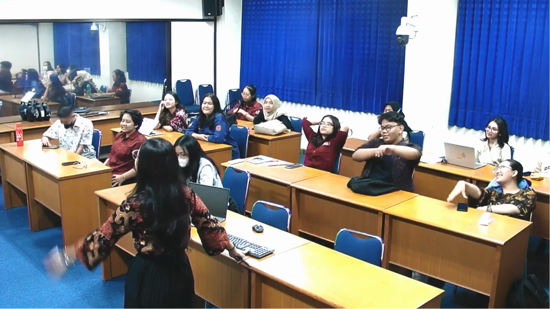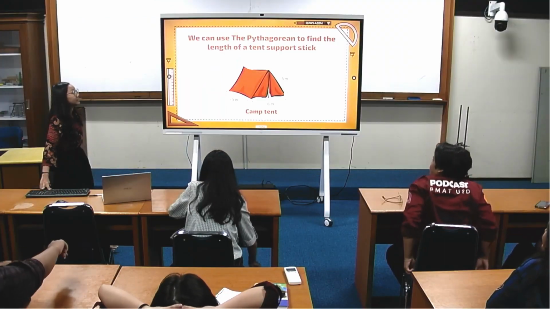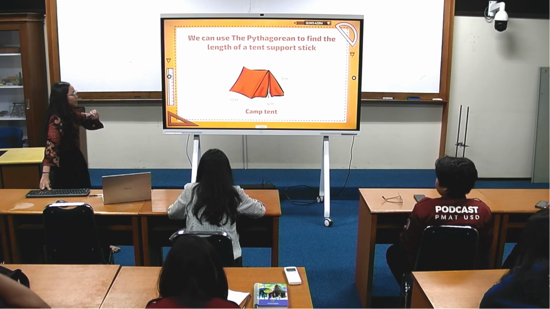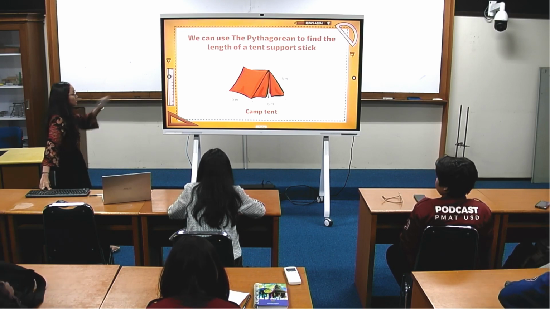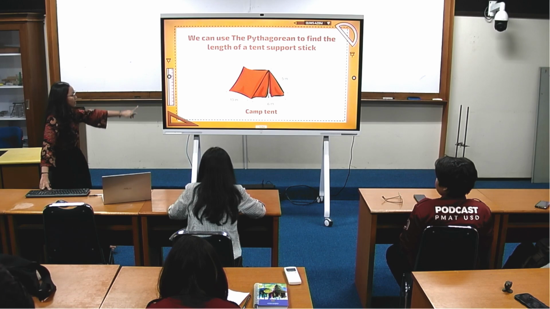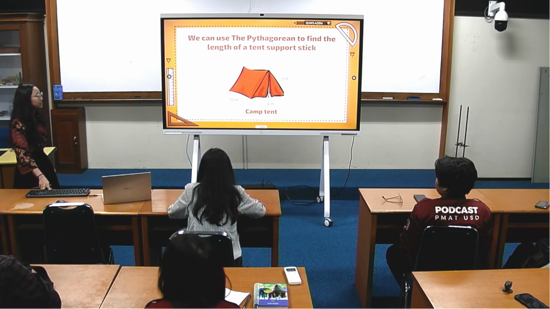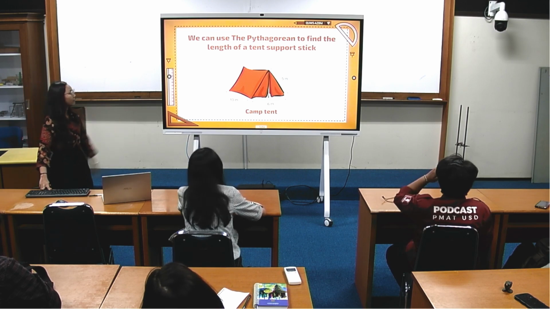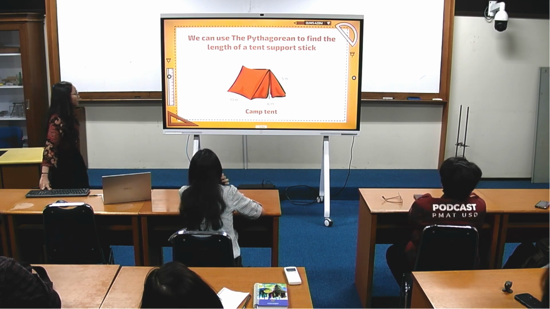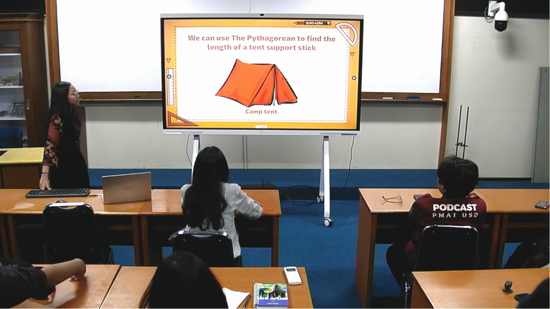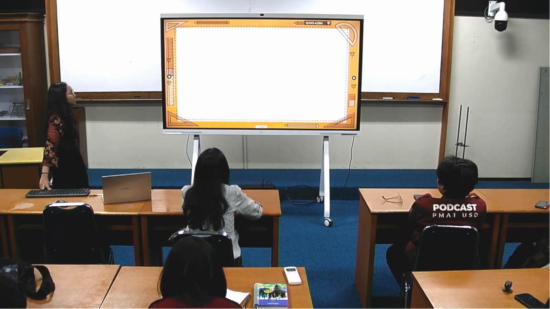We can use the Pythagorean theorem to find the length of a tent support stick. As we know from before, the length is 10 meters, the width is 6 meters, and the hypotenuse is 5 meters. So we can find the length of a tent support stick with the Pythagorean theorem.